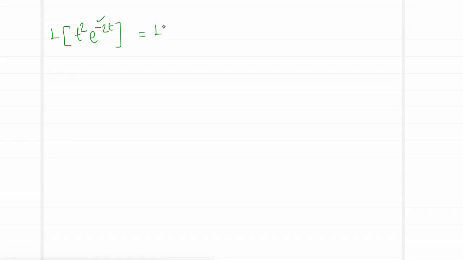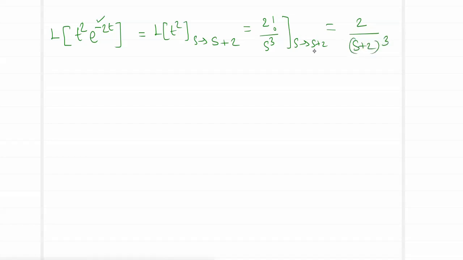I know that this is nothing but Laplace of t squared where s is shifted to s plus 2, because it is a minus sign over here. We know t squared is nothing but 2 factorial divided by s cubed, where s moves to s plus 2. So this is nothing but 2 divided by (s plus 2) the whole cube.